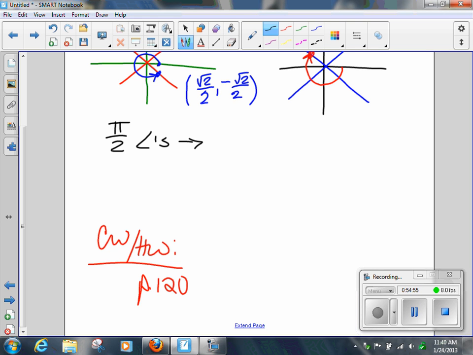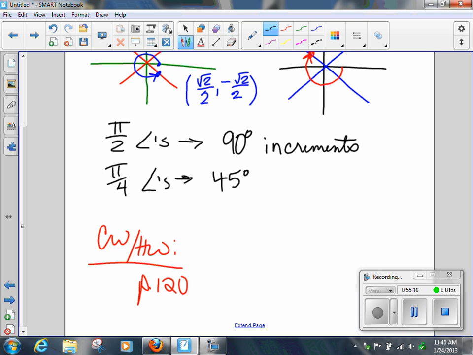Pi over 2, what degree? Think. See your unit circle. 90-degree increments. Please write this down. Just to review. Pi over 4 angles are in terms of what degree increments? 45-degree increments. When you wrap your head around that, this will become a piece of pie for you.